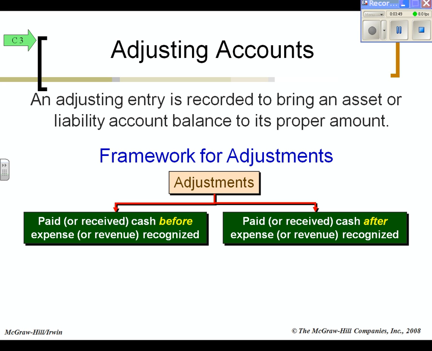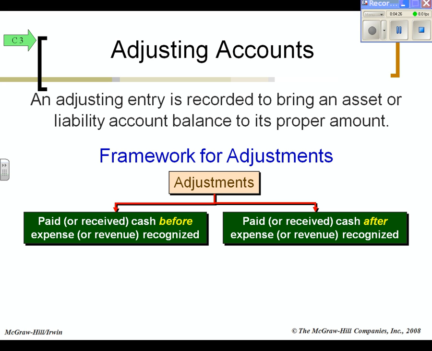Or you may have an accrual with revenue. Another adjustment, so you have your revenue both as a deferral and an accrual, but you'll also have expenses. So in adjusting your accounts, you're going to look at your income statement and say, okay, what do I need to properly reflect my income statement to show all the revenues that I've earned, and then all the expenses that I've incurred.